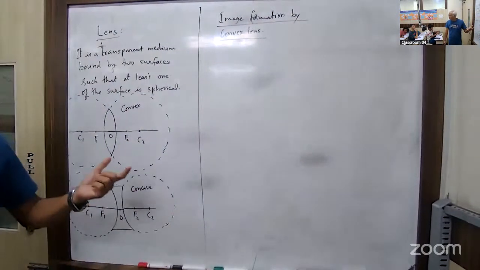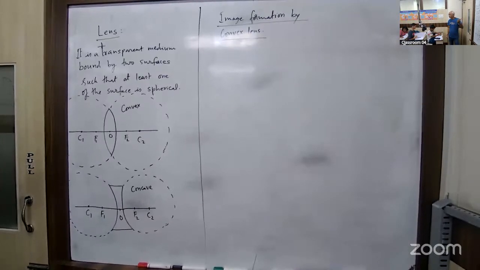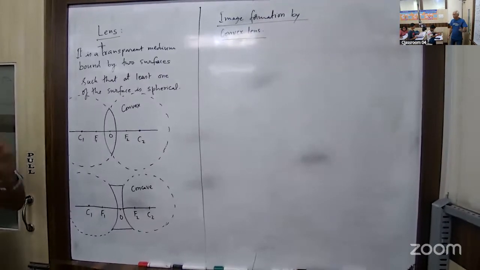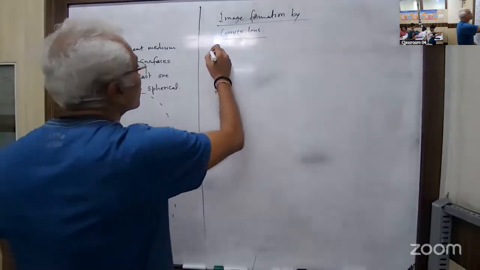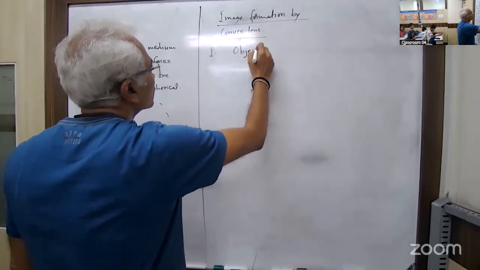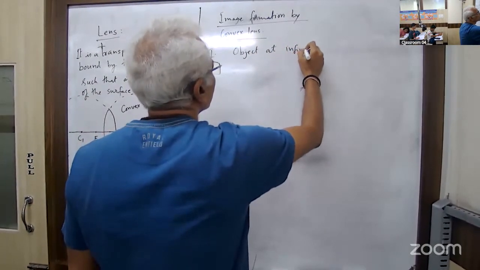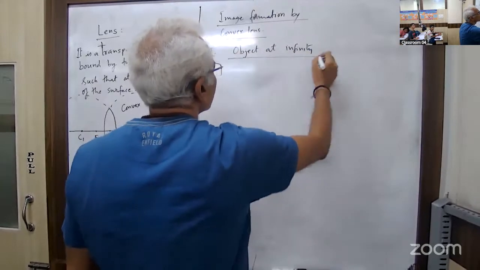Now you'll find that the image formation by a convex lens is exactly the same as the image formation by concave mirrors. Okay. So first, object at infinity. This is the first case.